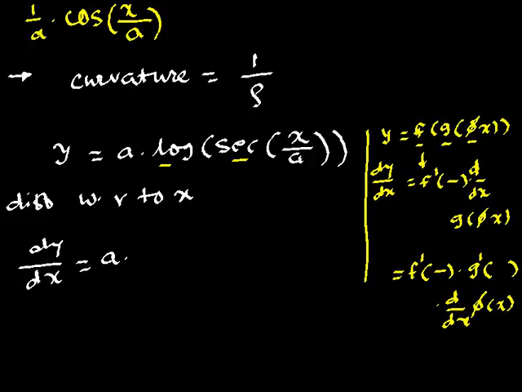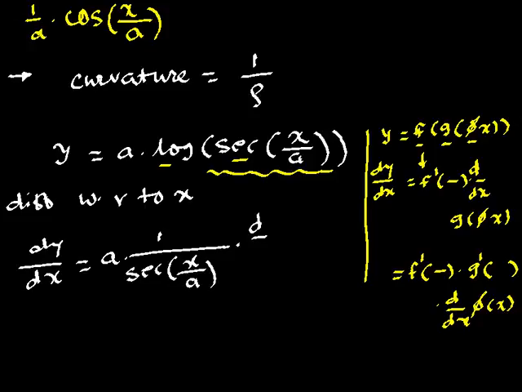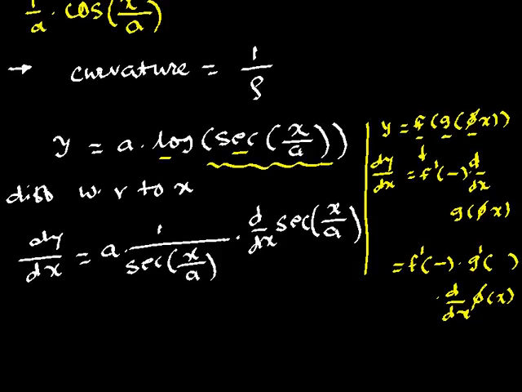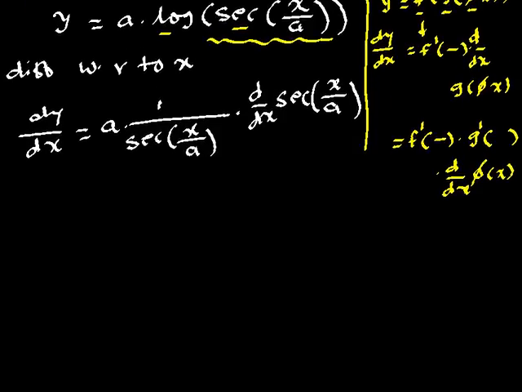First we assume that this whole thing is x, and we see the function as a into log x. The derivative of log x is 1 upon x, so it will be a into 1 upon sec x upon a, into the derivative of what we have called x, which is sec of x upon a. Now let us move further inside.